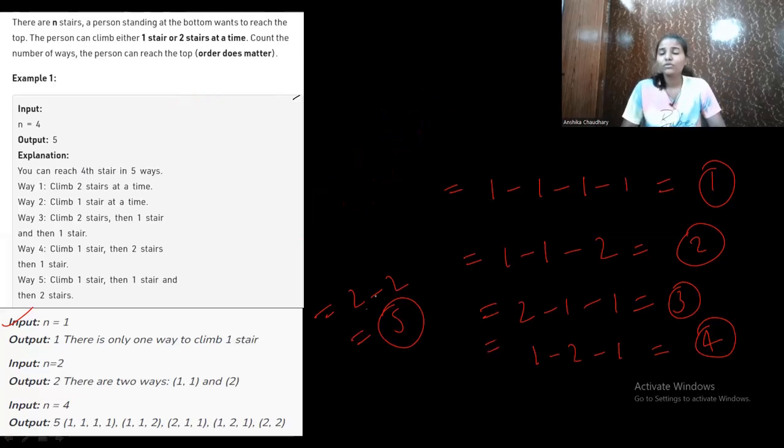Now, are you able to guess what type of problem this is? This is a recursion based problem. Okay, recursion based problem. How? Suppose there are four stairs.